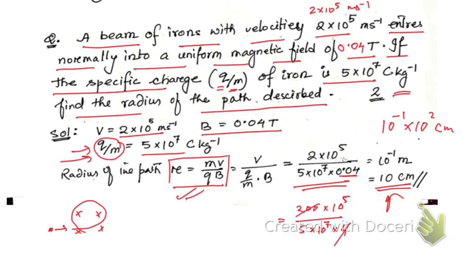Now cancel this, 50, and then 50 by 5 is 10. So we have 10 into 10 to the power 5, so 10 to the power 6 divided by 10 to the power 7, which gives 1 by 10, that is 10 to the power minus 1 meter, and in centimeter this is 10 centimeter. Hope you have understood this.